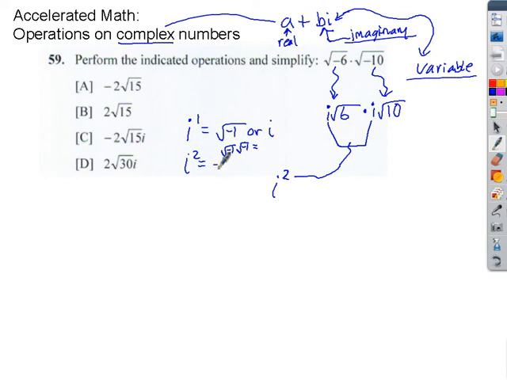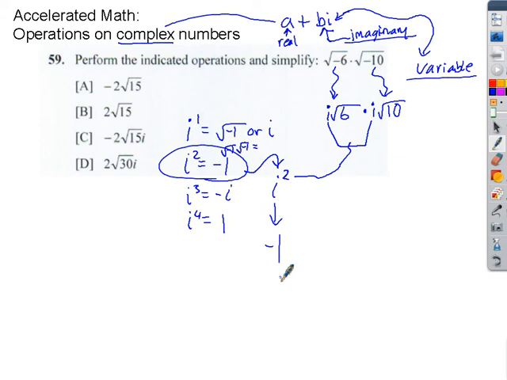So I squared is equal to negative 1. And then we had some other things. I to the third came out to negative I, and I to the fourth came out to positive 1. But this is the one we're concerned about right now. All right, that I squared is the same thing as negative 1. So when we see an I squared, we're going to replace it with negative 1. Not the square root of negative 1, but just negative 1.